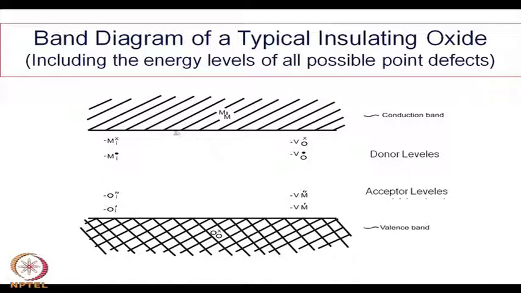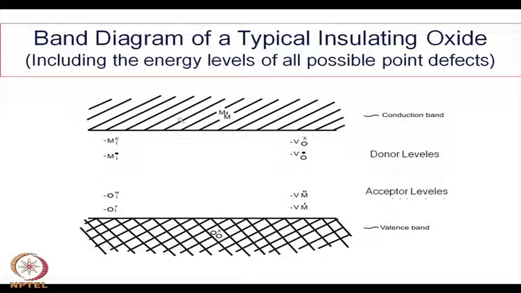So, these different types of point defects also have energy levels, that means the electrons associated with them have energy levels which fall within the band gap, the main band gap of that particular oxide.